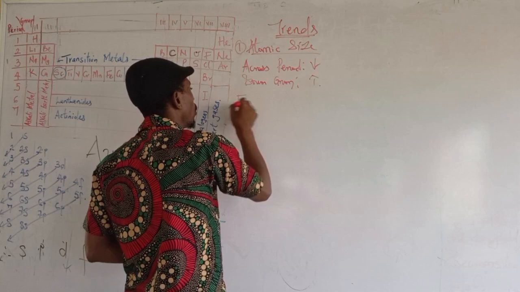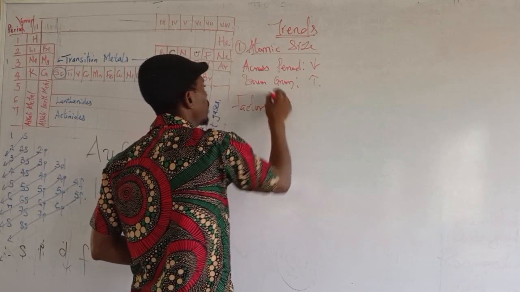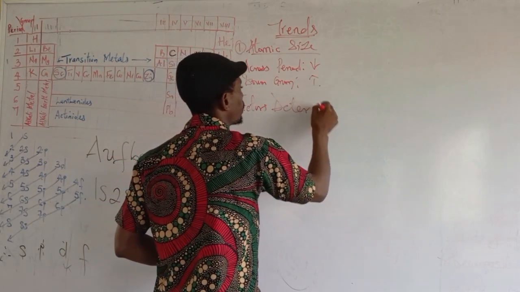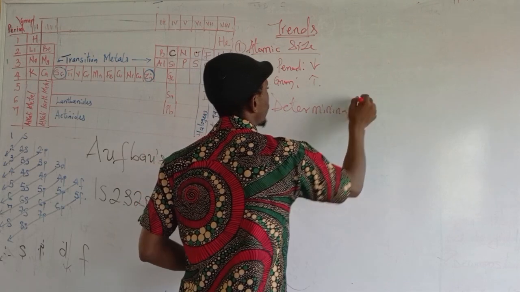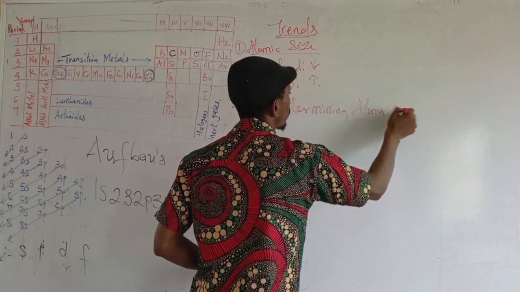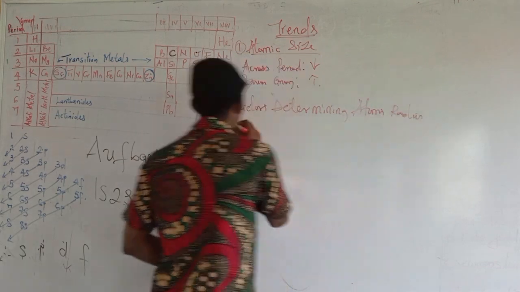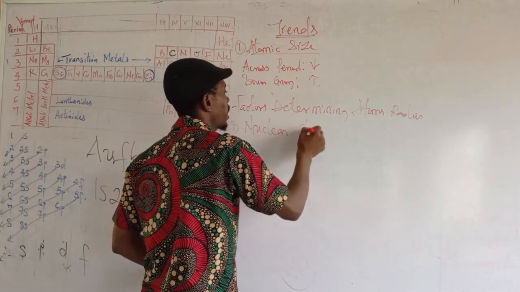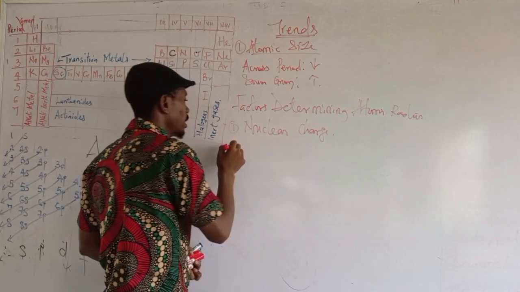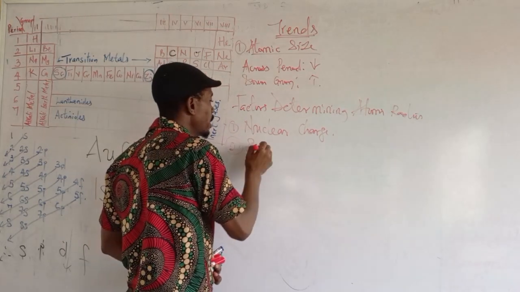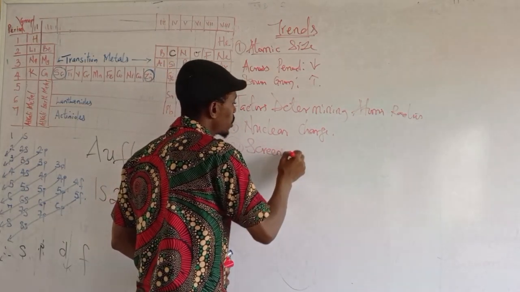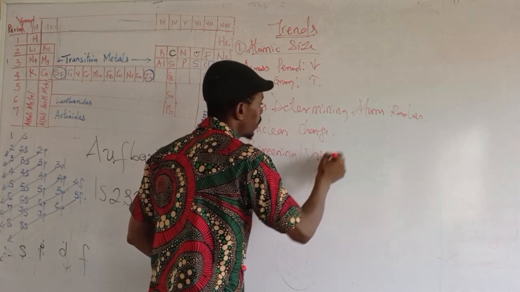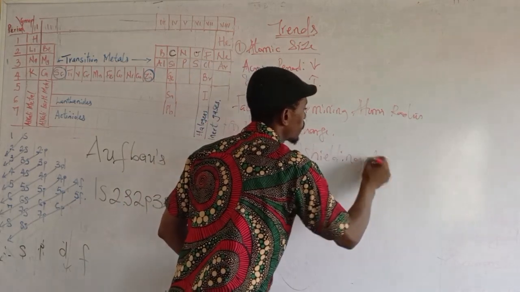So, the factors determining atomic size or radius. The first of them being the nuclear charge of attraction. The second being the screening or the shielding effects.